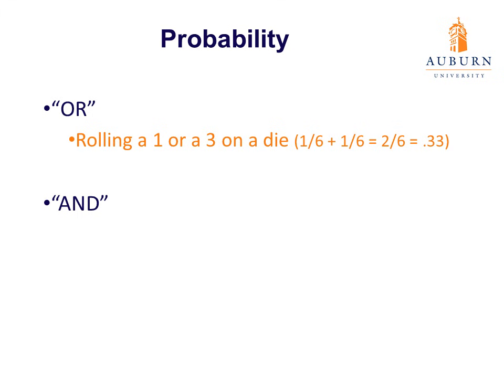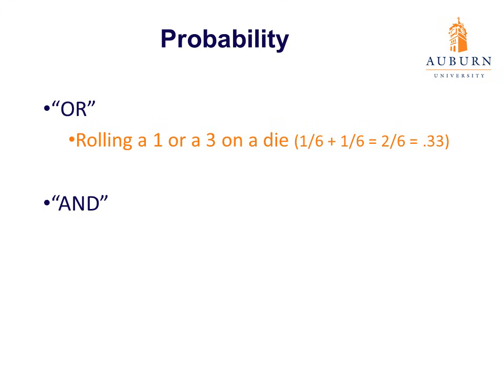So let's say I wanted to know the probability of rolling a 1 or a 3 on a 6-sided die. Rolling a 1, the proportion would be the specific event of rolling a 1 over the 6 sides of the die, in other words 1/6. The proportion for rolling a 3 would be the same. There's only one 3 on a 6-sided die.